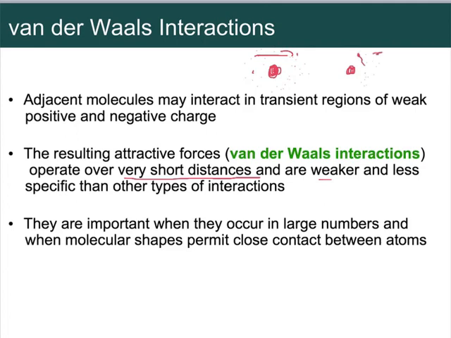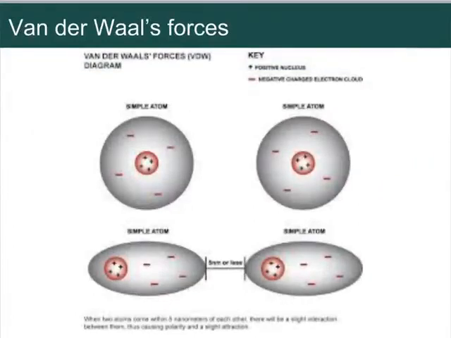So just for a split second, this atom becomes polar in a way. It's very, very slight, but it causes a slight temporary positive charge on one side and a negative charge on the other side, and it causes a little bit of attraction, and they stick together.